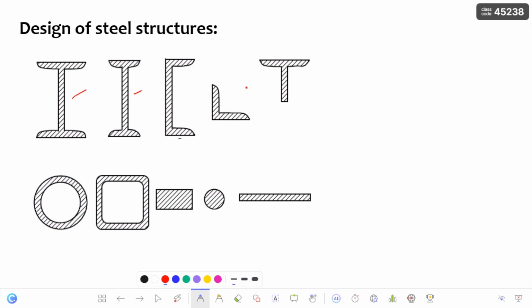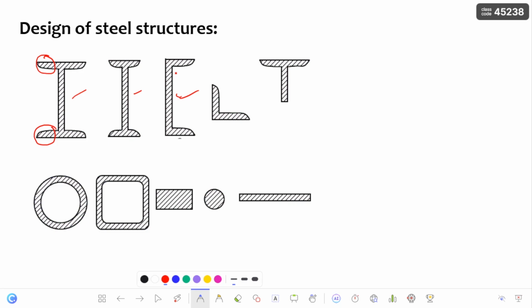Next, coming to the channel, if you observe carefully, in I section, if you just remove the flange part in the top and also in the bottom, you are going to get this channel section. That means the flanges in the I section resist the flexure coming onto the structural element. So here you are reducing the flange part.